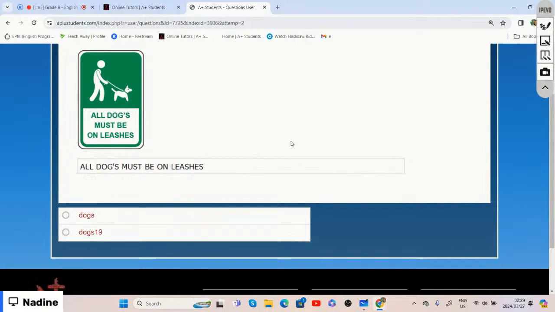Is it dogs, option 1, or dogs, option 2? It says all dogs must be on leashes. So dogs, option 1 or option 2?